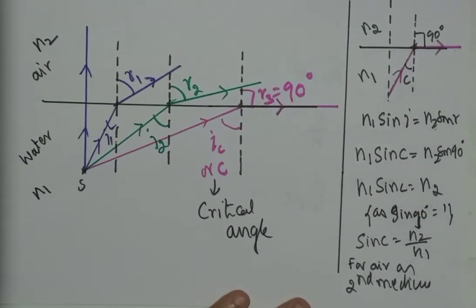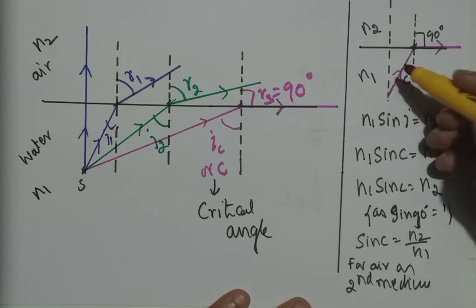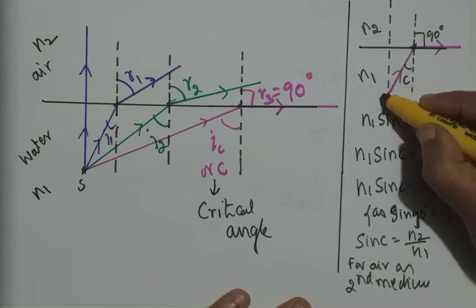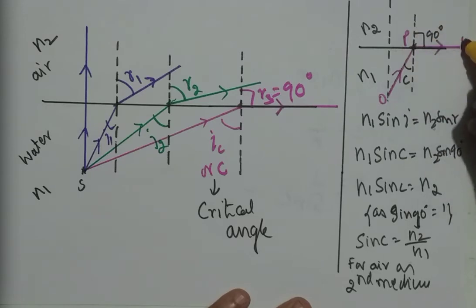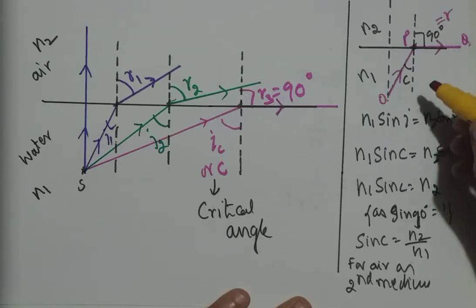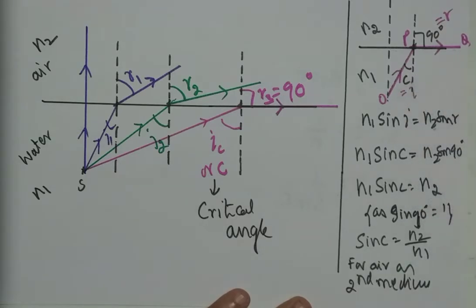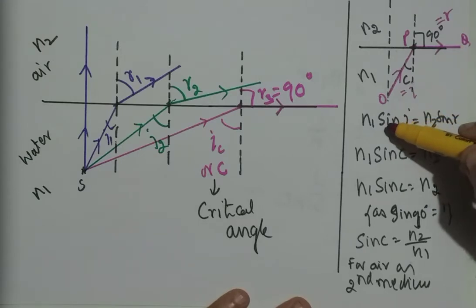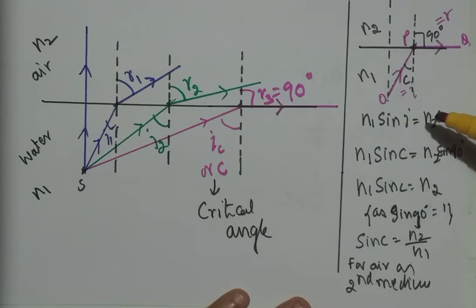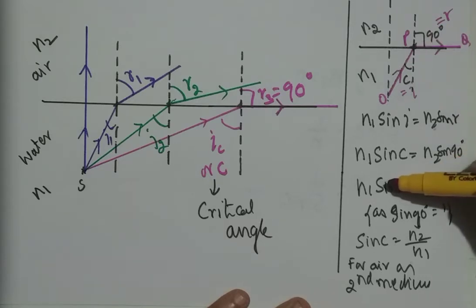Say here I have written this ray, say as incident ray, what I can call as OP, and PQ is the refracted ray. 90 degrees is the angle of refraction R, C angle of incidence I. Then by applying Snell's law in the form N1 sin I equals N2 sin R, N1 is N1, I is C, so N1 sin C, N2 sin R is 90, or N1 sin C equals N2 sin 90, sin 90 is 1, sin C is N2 by N1.